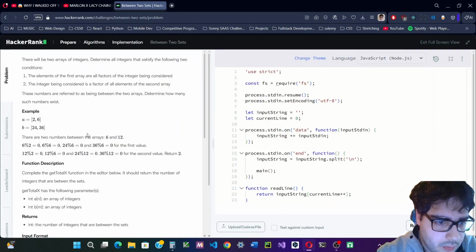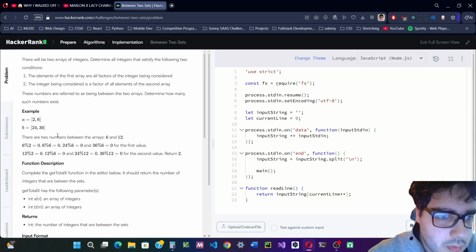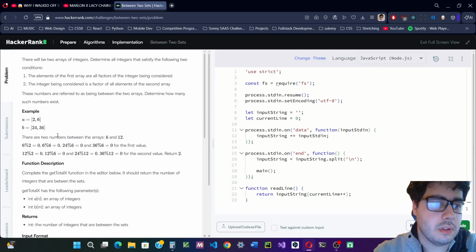You have two numbers, 2 and 6. But why are the 2 and 6 all factors of the integer? Determine all integers according to the conditions.